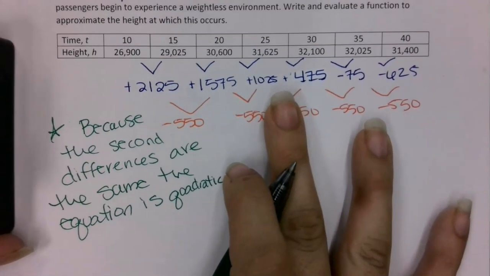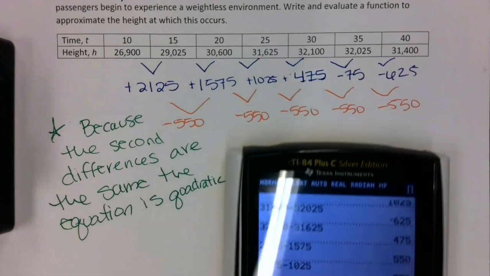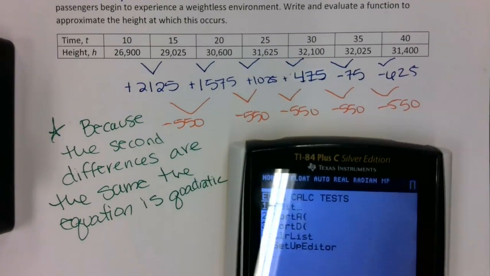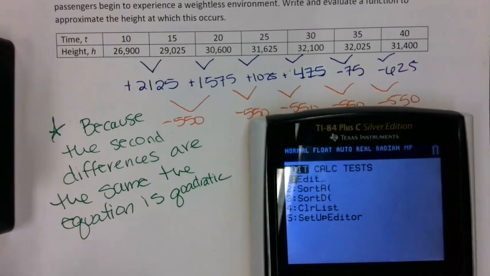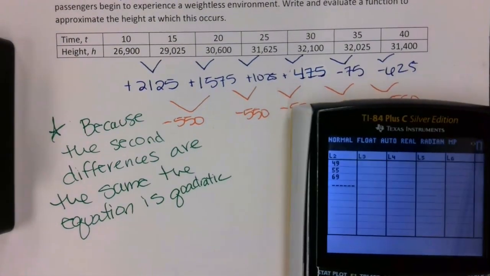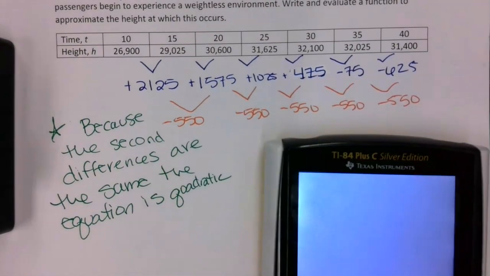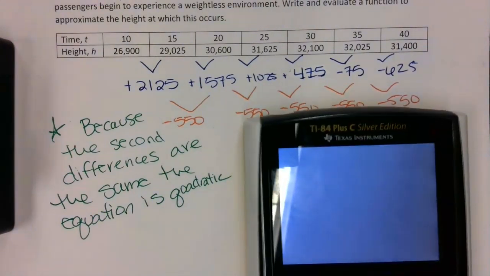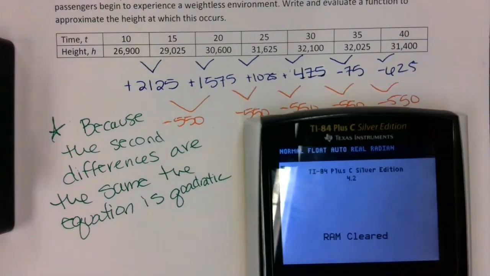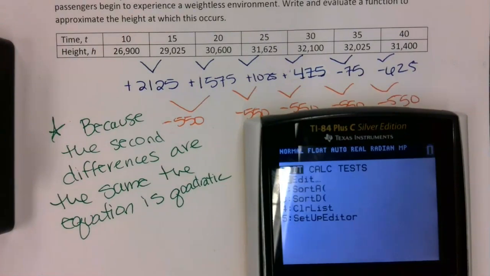What I'm going to do now that I know it's quadratic for sure is take my data points and go to stat. This is kind of like what we did back in chapter 1. I'm going to go edit. And mine's missing L1. Let me reset it. Okay. I'm going to go to stat, go edit.